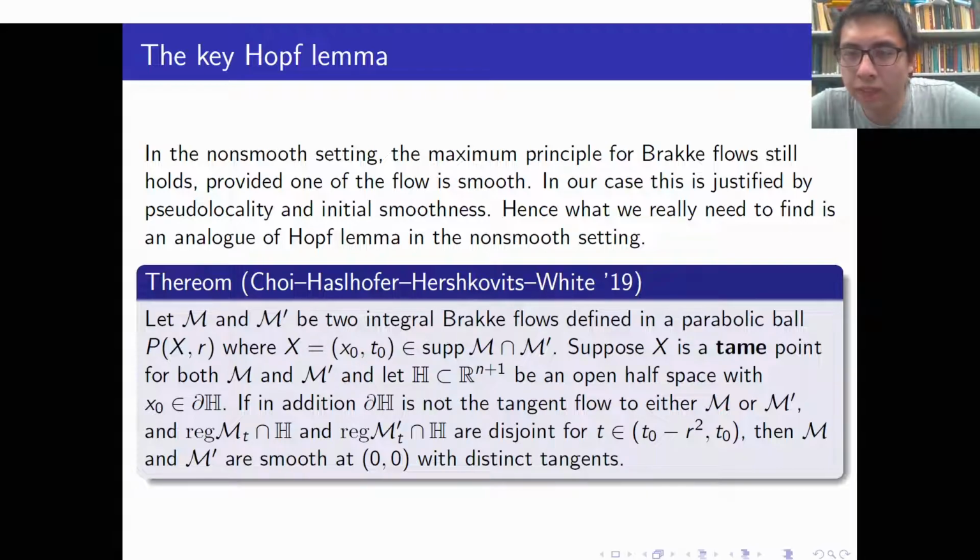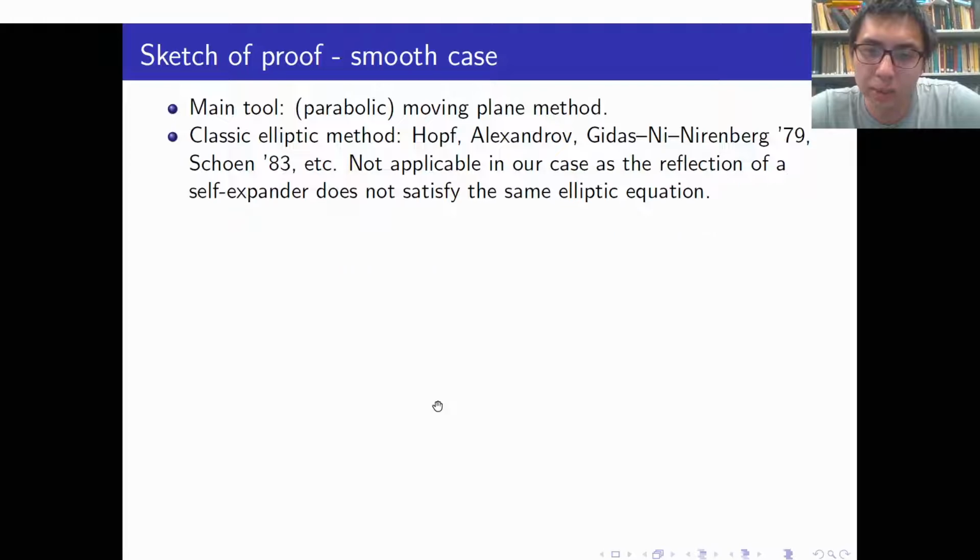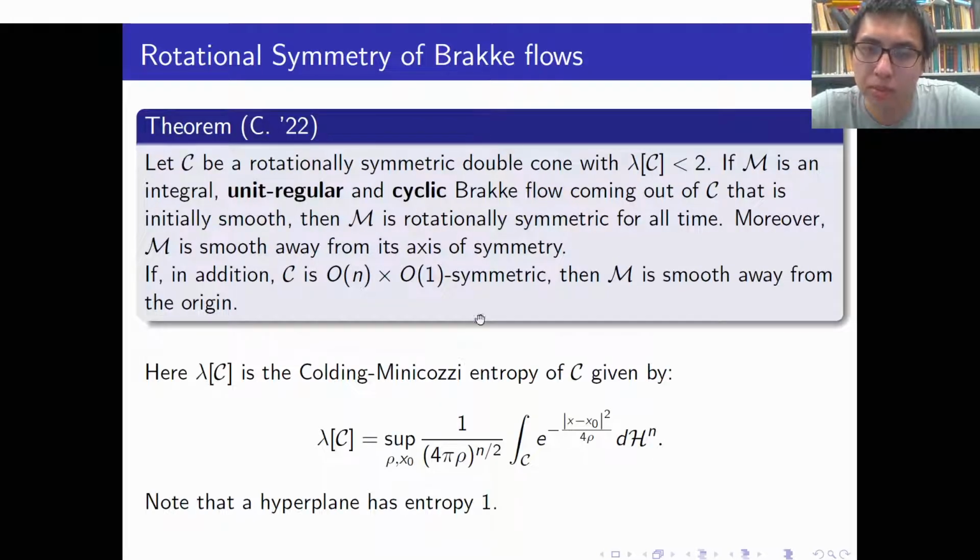The striking effect of this conclusion is that M and M prime don't just have distinct tangents, they are also smooth at 0, 0, and that's where our conclusion comes from. In our application, this partial H will be the moving plane.